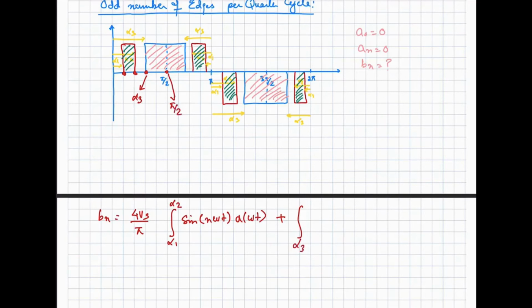So integration from alpha 3 to pi by 2 of sine of n omega t with respect to d omega t, and the bracket closes over here.